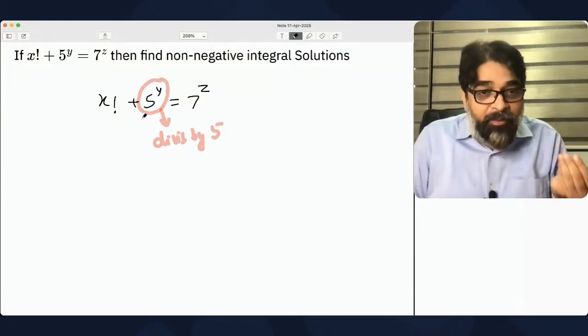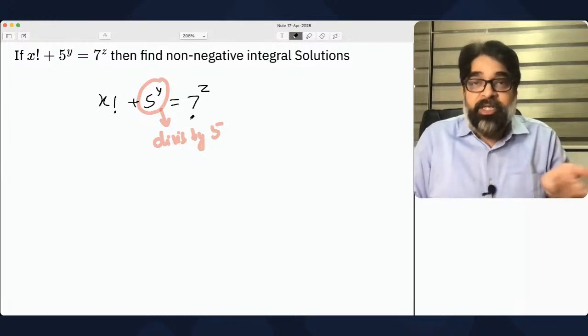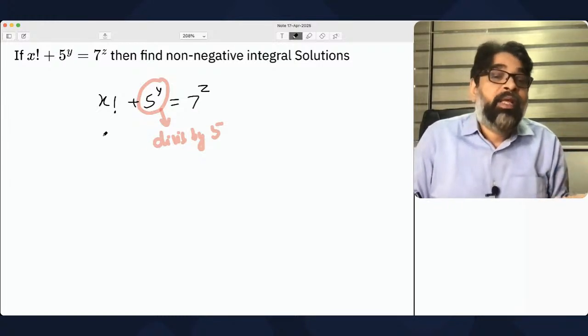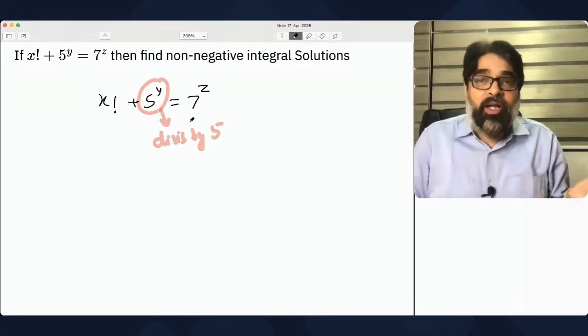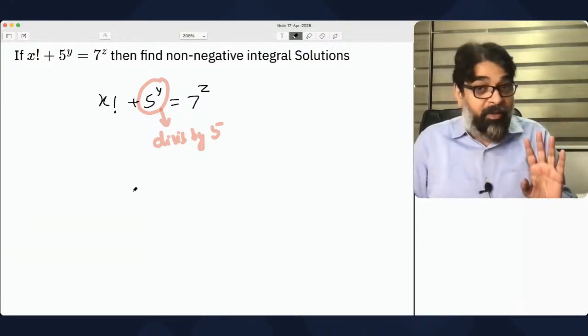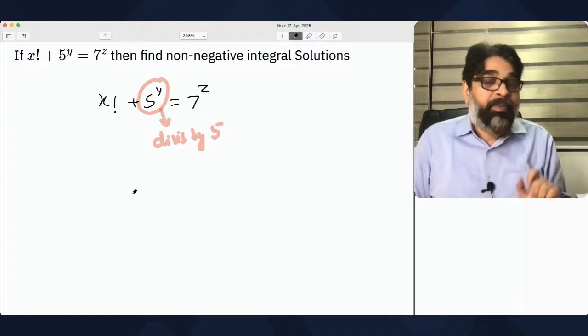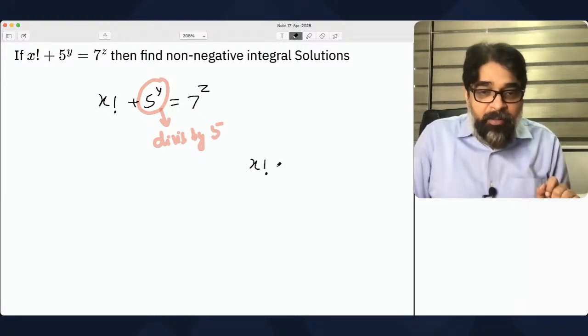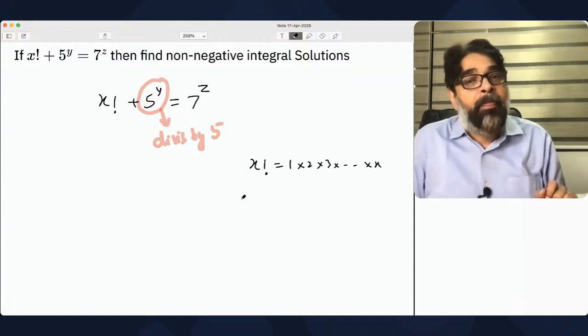If you have to see, then you have to check the periodicity of the power of an integer, or you can use modular arithmetic. X factorial may not be divisible by 5, but I got an idea. X factorial means 1 into 2 into 3 and so on till x.